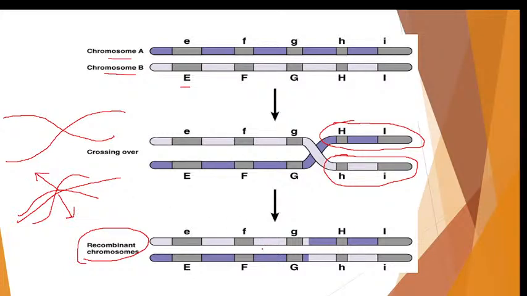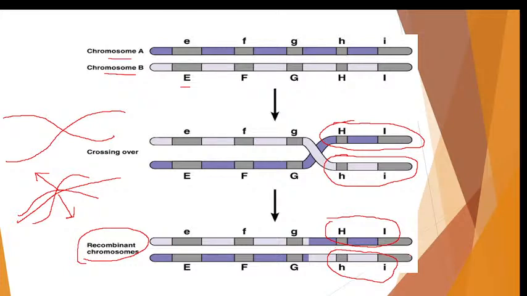This picture clearly explains how this exchange has happened. See, small h has now joined with the capital letter sequence of chromosome B, and chromosome A has received the portion of capital H and capital I, and so a new combination is formed as a result of recombination.